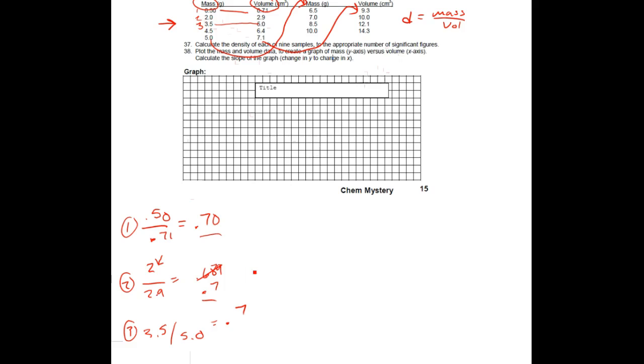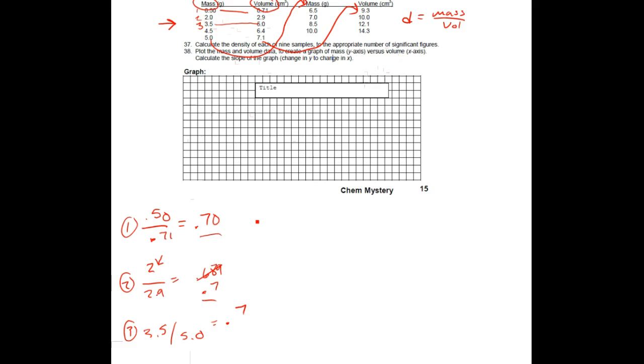And that is a good point. We learned just from this example that density is independent of the amount of the actual stuff you have. It's just dependent on the stuff. So for example, the density of 1 penny is the same as the density of 5. Alright, so 37. There you go. Each one of them is going to be 0.7.